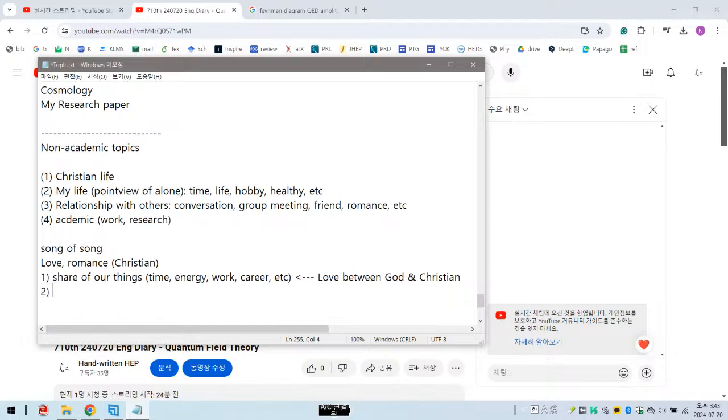And the second thing, I remember, is that there are some definitions or concepts of beauty. In the Song of Songs, there are many descriptions of the body in romance, and from the point of view of creation, our bodies are created by God, and there is beauty in that.